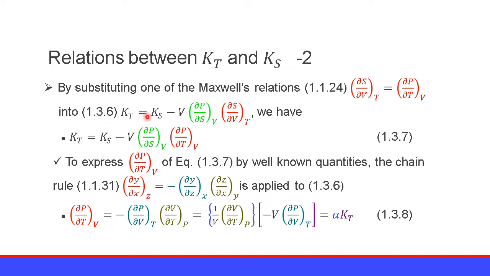We have the isothermal bulk modulus Kt equal to the adiabatic bulk modulus Ks minus V times ∂P/∂S at V times the partial derivative of the pressure P with respect to the temperature T at constant volume V.